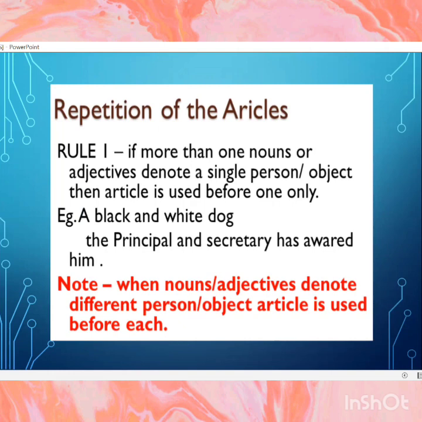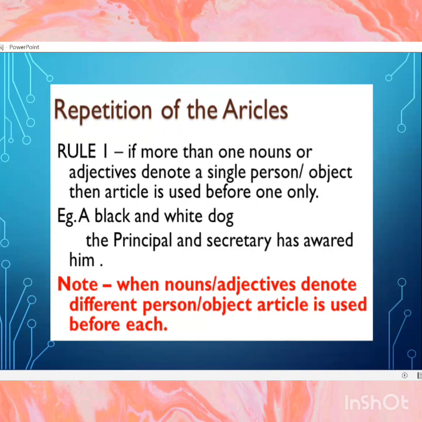Now, repetition of the articles. When to repeat the articles is very important. Rule number 1 says if more than one noun or adjective denotes a single person or object, then the article is used before the first one only. For example, a black and white dog. We are not supposed to use a before both black and white, because both describe the same dog.